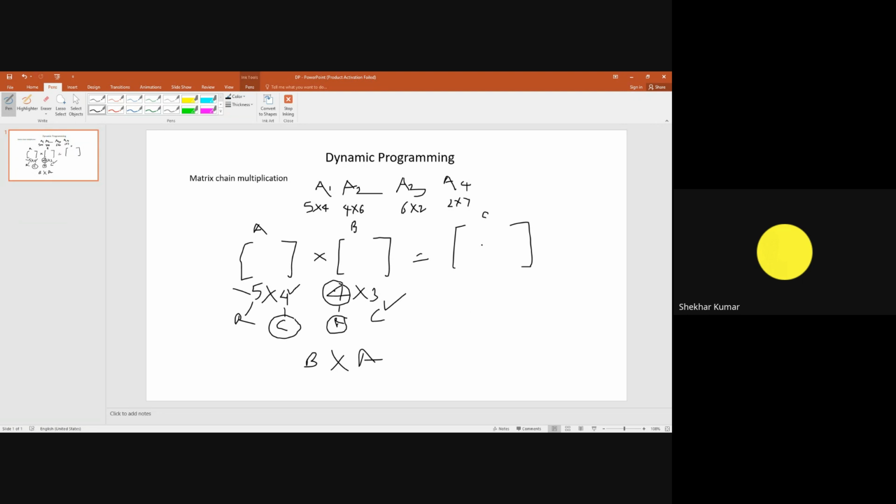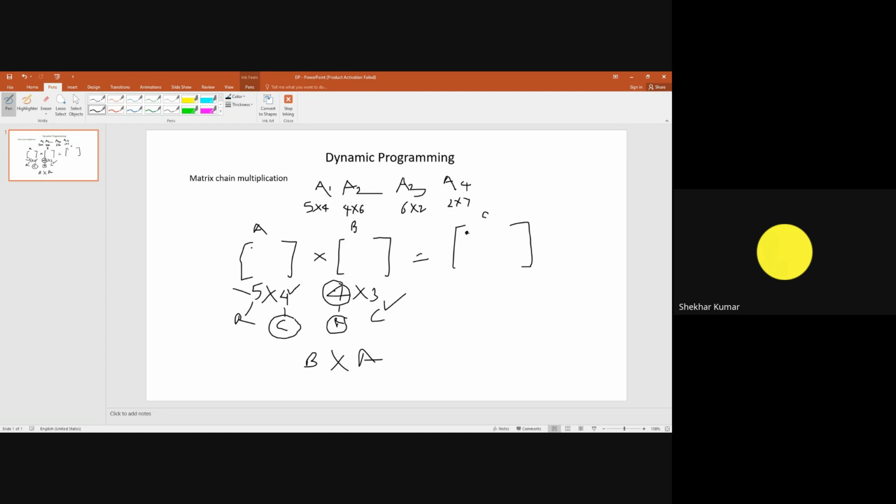So B cross A is not possible in this example. So in the resultant matrix, for a single element, how will we calculate the value of this single element?